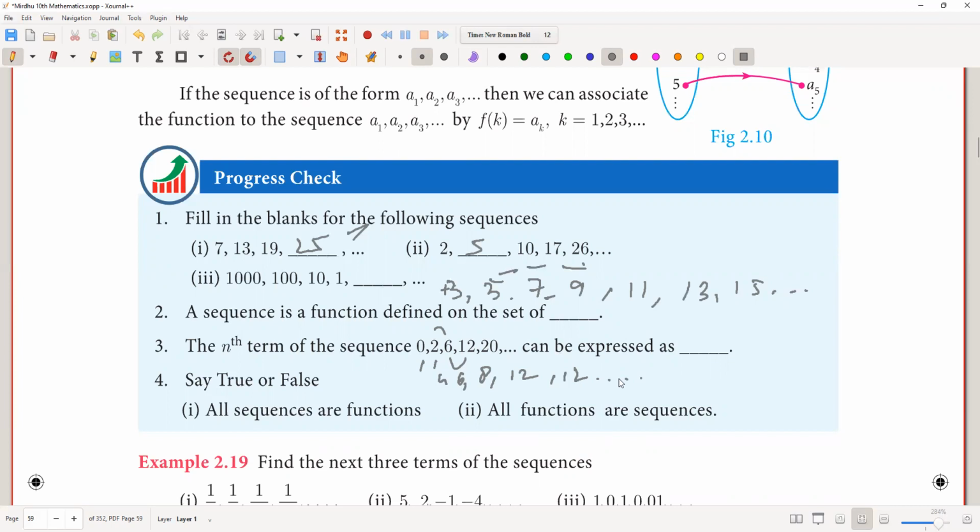So what would be the nth term? We put the formula 1 by n plus 1 for the earlier sequence, and for odd numbers we worked out 2n minus 1. Like that, can you express this in any terms? That's what they're asking. 2n plus 2.